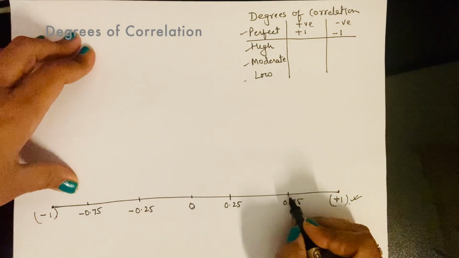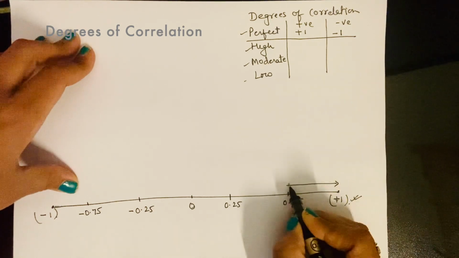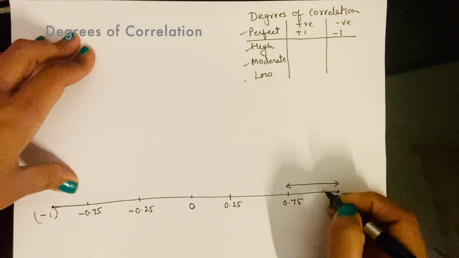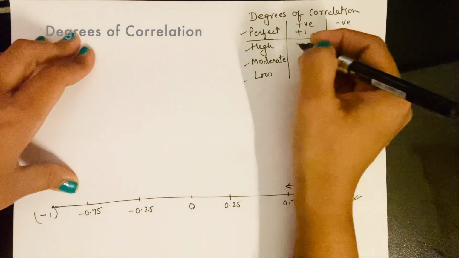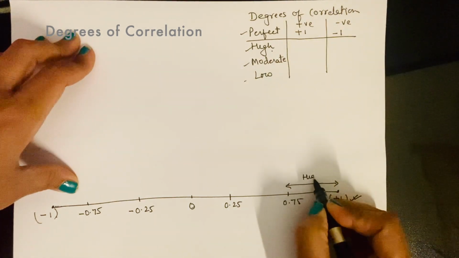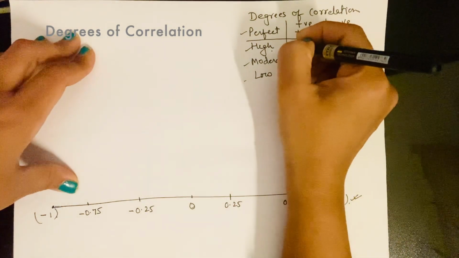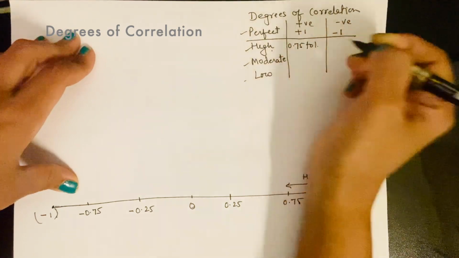So any value towards the positive side, the right side of 0, between 0.75 and 1 will show a high degree of positive correlation, that is 0.75 to 1.